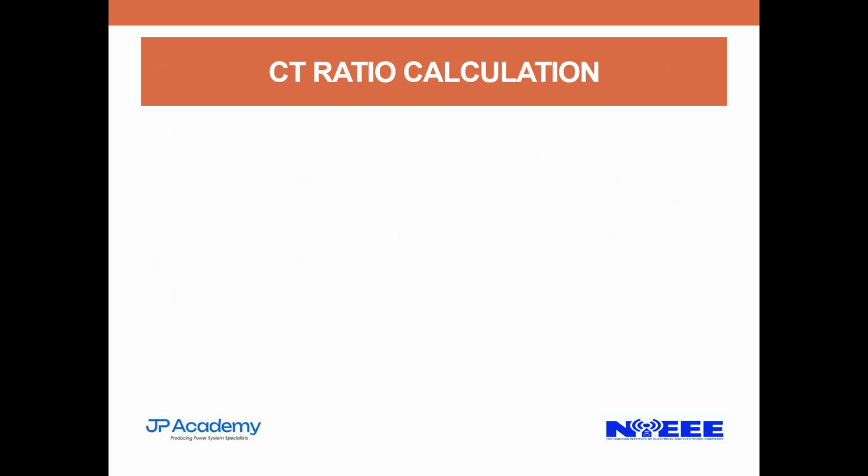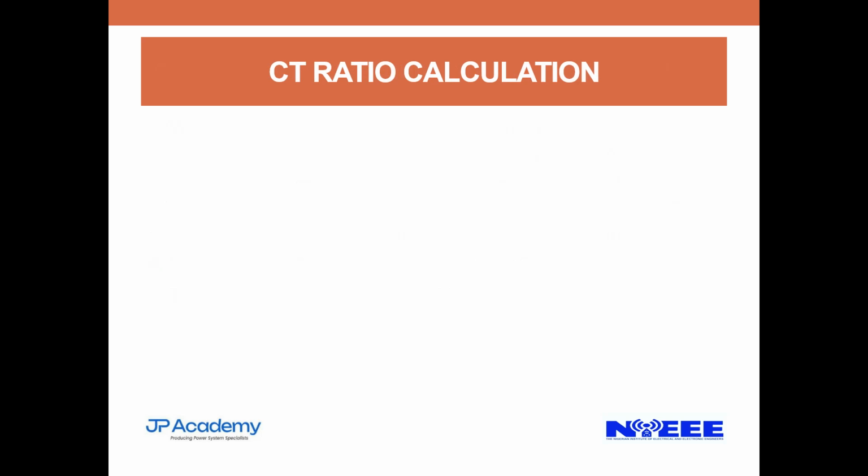We are going to require our relay settings. So we need to carry out these calculations to ensure appropriate function, to ensure efficiency, to ensure reliability. We need to carry out these calculations.